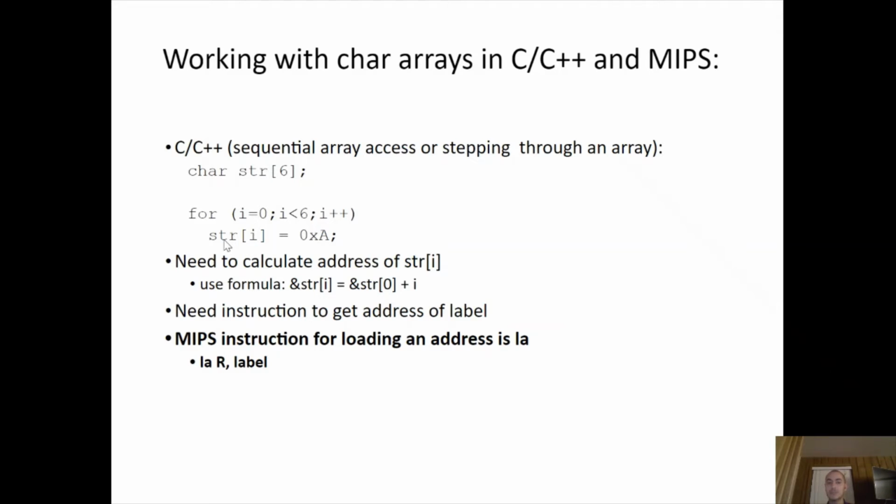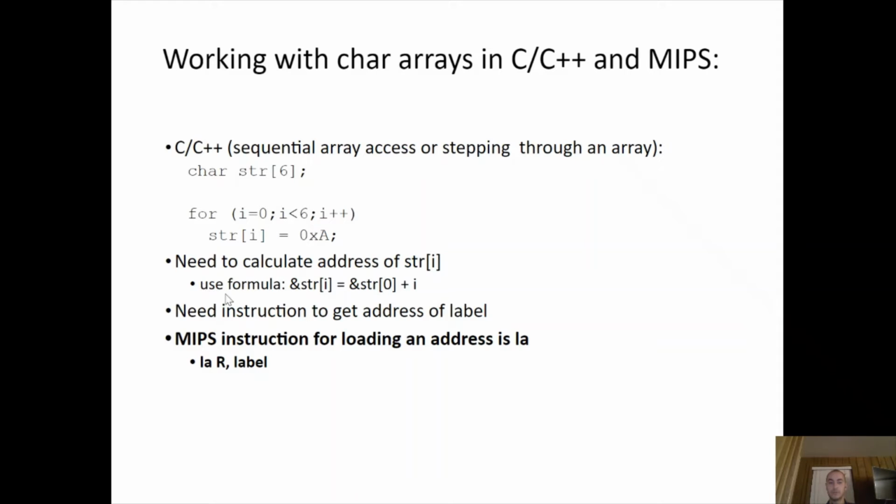But what actually happens is that the compiler has to calculate that location, right? So if you do, for example, str[5], it doesn't magically know that location. It's going to calculate from the base. It always calculates from str[0], which is the beginning of this array, and takes, for example, the 5th element.